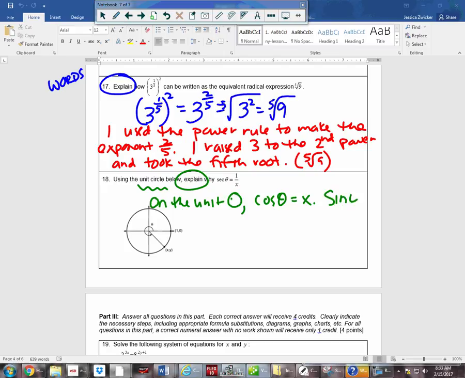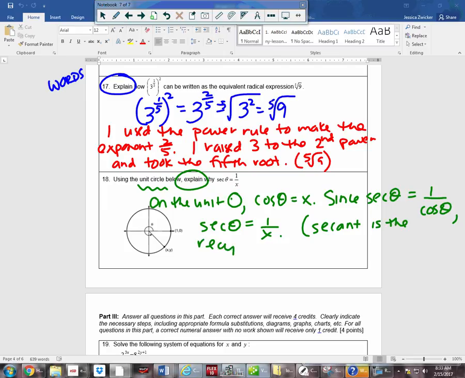Since secant theta equals 1 over cosine theta, secant theta equals 1 over x. Okay? Or you could have said secant is the reciprocal of cosine. Doesn't have to be word for word what I wrote.